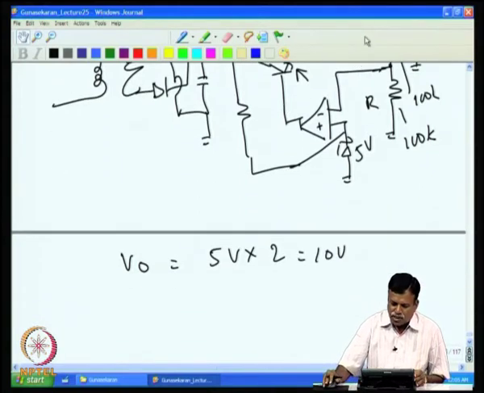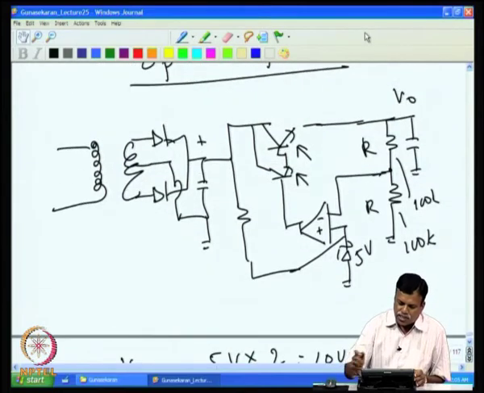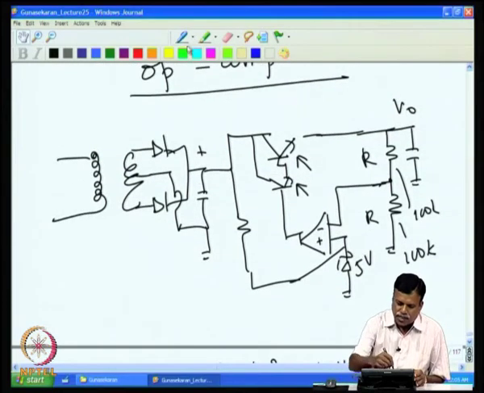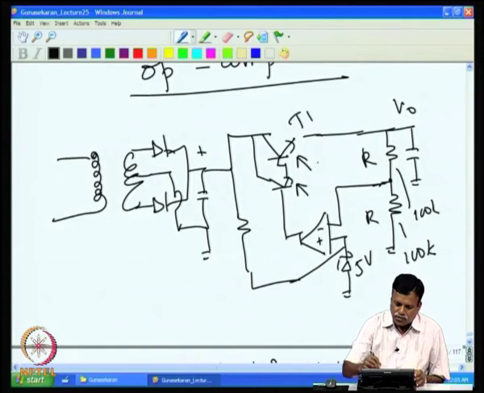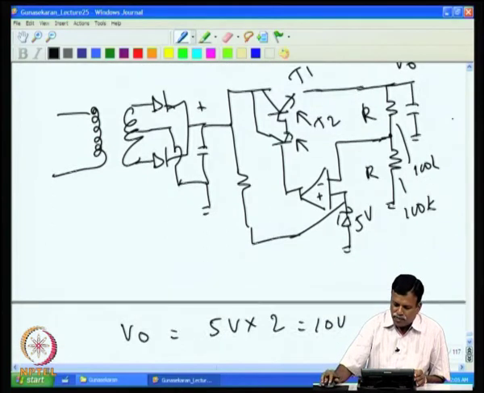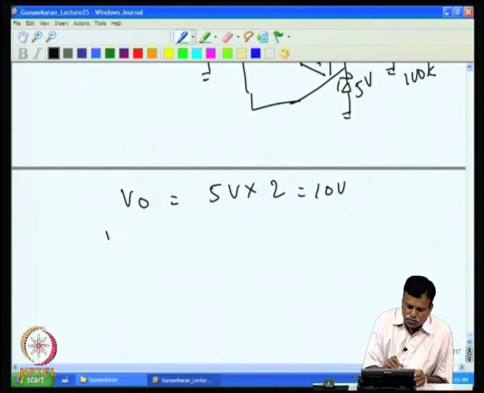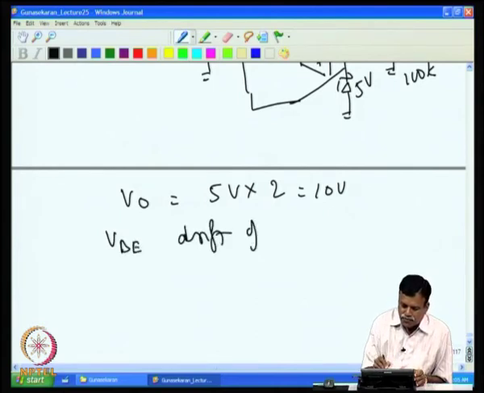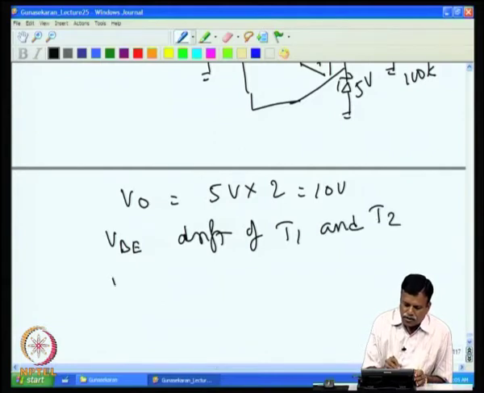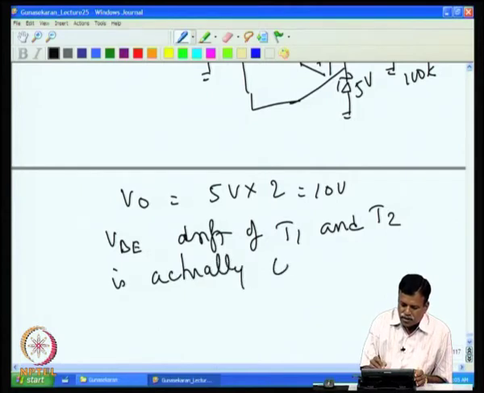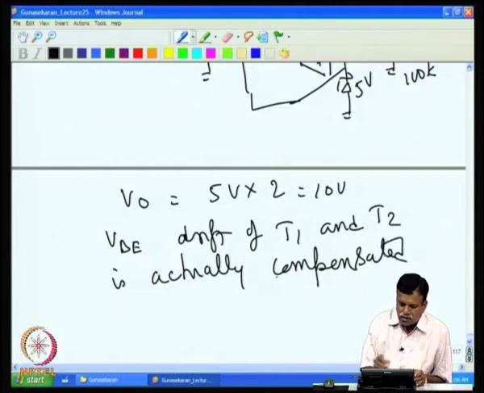So, the VBE drift of these two transistors, T1 and T2, is actually compensated by the loop gain.